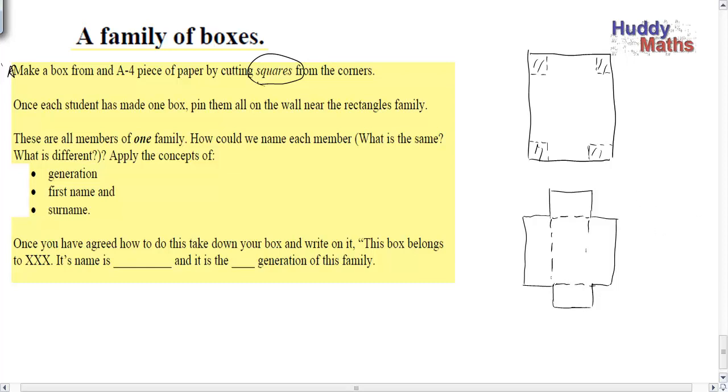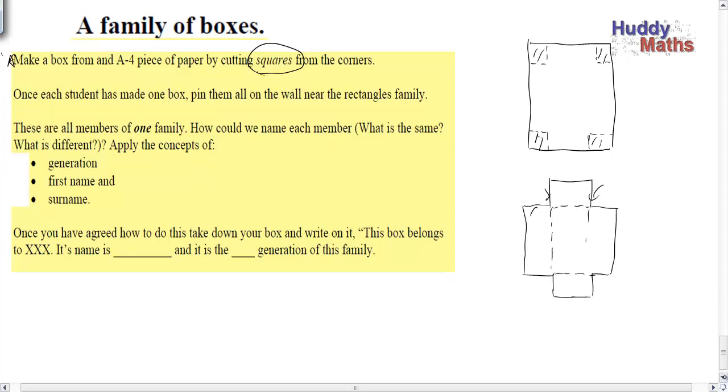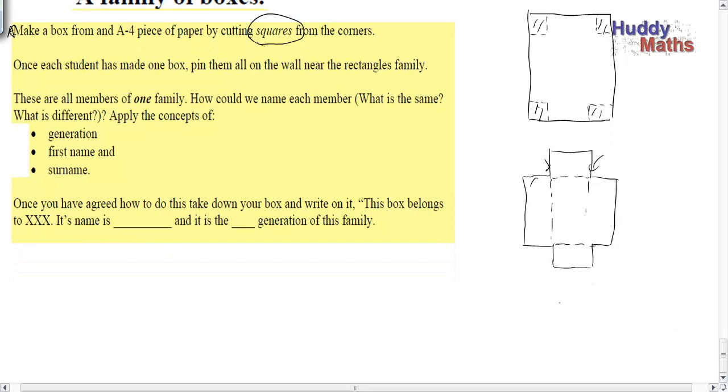If we now bend all these sides up, we would have that bent up, and the side bent up here, and up here the end, and this matching along here. So these would have to be stuck together with sticky tape or something to make a box.